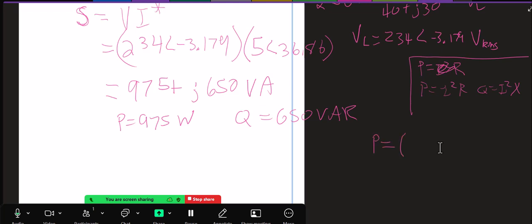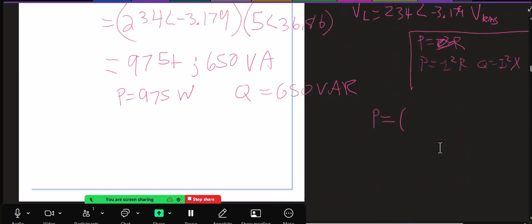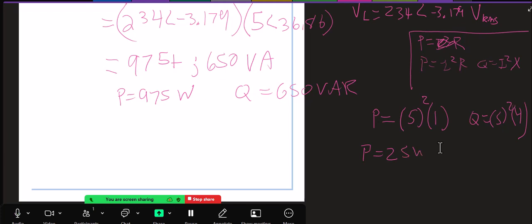So the magnitude of I was just 5. So 5 squared times R, the resistance was 1, and Q will equal 5 squared times the reactance, which was 4. So P is 25 watts, and Q is 100 VAR.